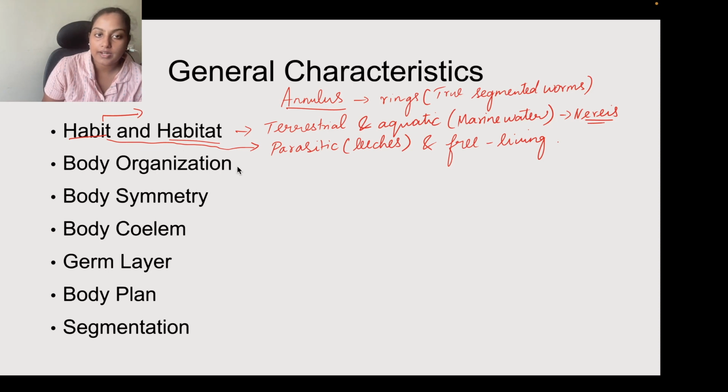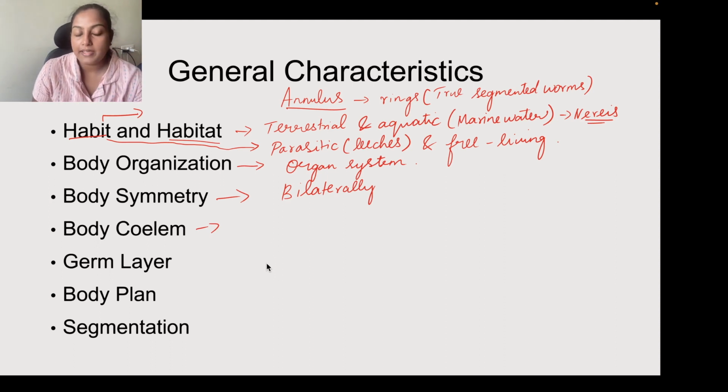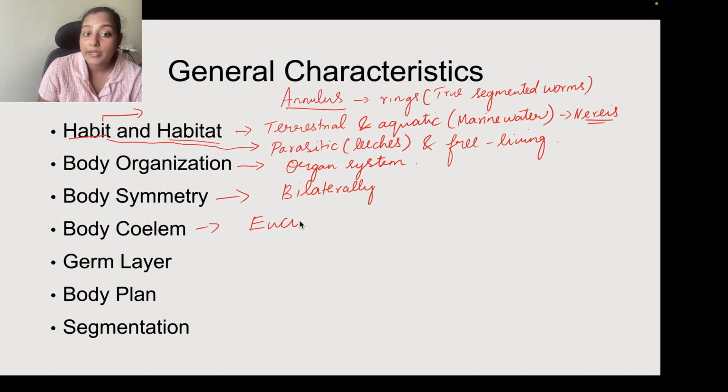Moving on to body organization, children. Of course, organ system level of organization. Body symmetry: bilaterally symmetrical, of course. Then body coelom, of course you all know what coelom is, the body cavity, right? The body coelom here is eucoelomate.